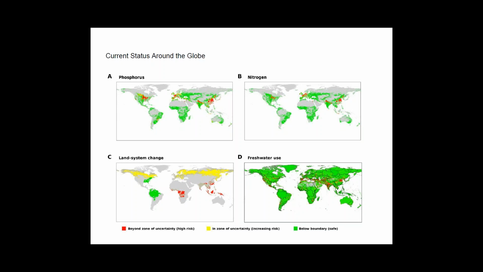Land system change, we talked about that one, is where they look at it as a percentage of land that's been converted to agricultural land. So you see some problems here in sub-Saharan Africa. Specifically this region is the tropical rainforest region, where forests are being cut down and used for cropland at a pretty quick rate.